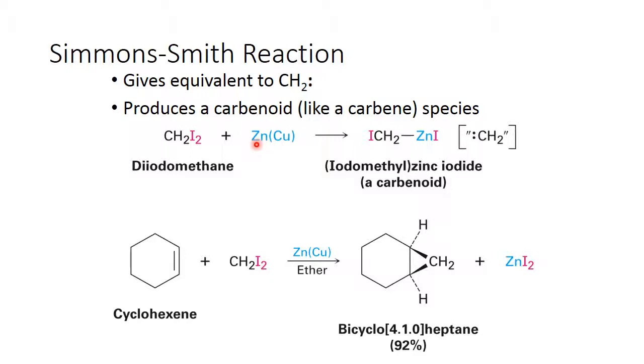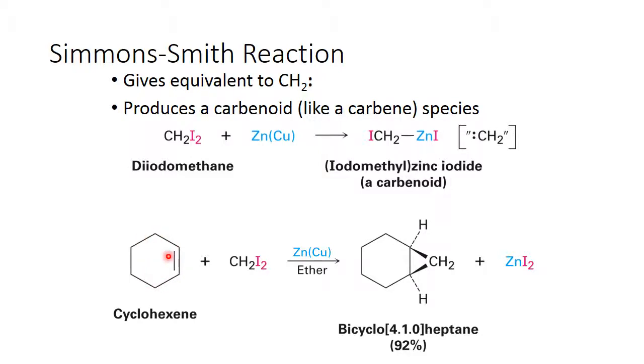Basically, it is zinc with some copper added to the surface of it to activate it. The zinc does something really interesting: it inserts itself into the carbon-iodine bond. The resulting compound, this right here, will act as if it were a carbene. It's carbene-like, and we say it's a carbenoid.